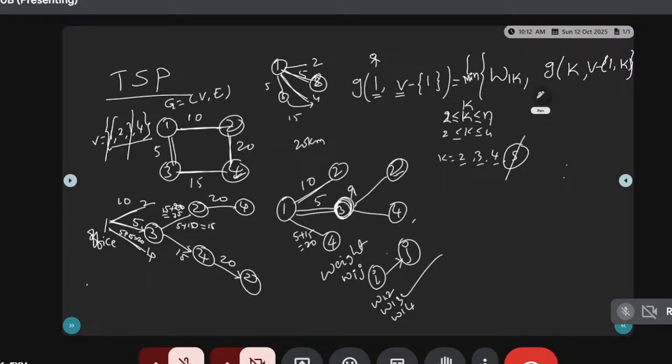Unnecessarily don't by heart this problem. So g of 1, V minus 1 and so on is equals to minimum of k, 2 less than or equals to k less than or equals to n, and g of W of 1 k plus and so on. అలా గుర్తుపెట్టుకోవద్దు. సో రైట్ డౌన్ ట్రావెలింగ్ సేల్స్ పర్సన్ ప్రాబ్లమ్.